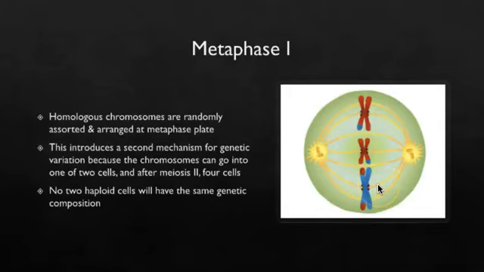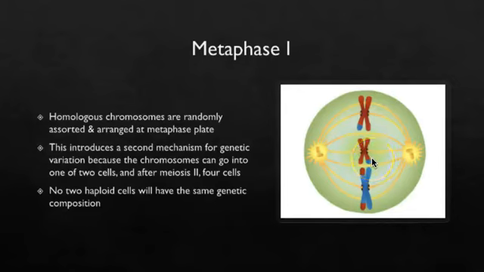This randomness introduces a second major source of genetic variation in addition to the crossing over that we already discussed. Remember that these homologous chromosomes are not identical, and they contain different versions, or alleles, of the same genes. Because of this, each gamete will end up with a unique combination of genetic information.